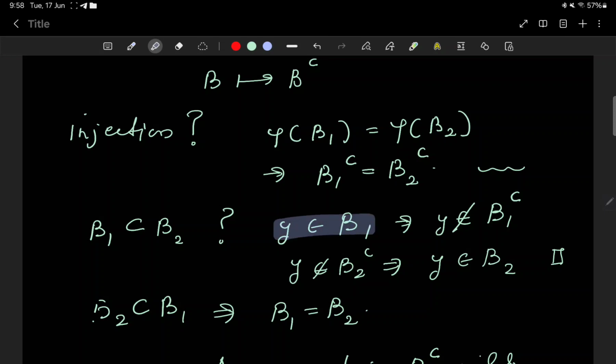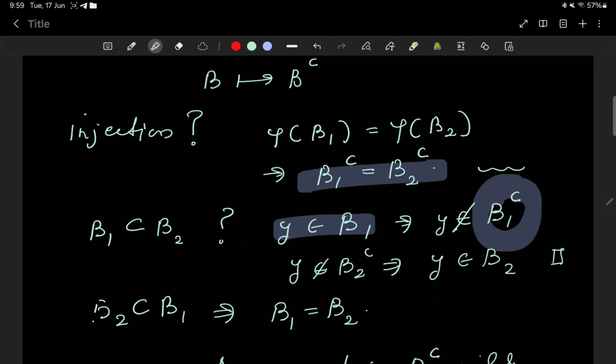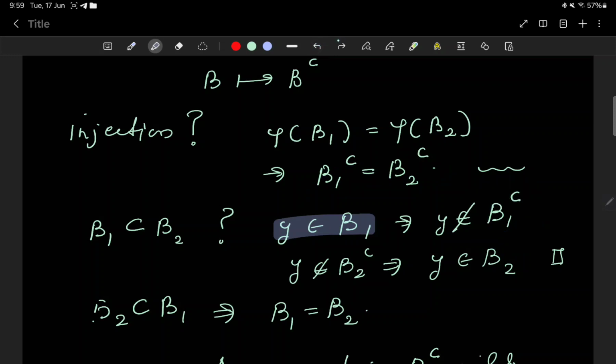That means y is not in the complement of B1. That's very easy, because y cannot be in both B1 and B1 complement. So you can replace this by B2 complement. That means y does not belong to B2 complement either. But that means y belongs to B2.